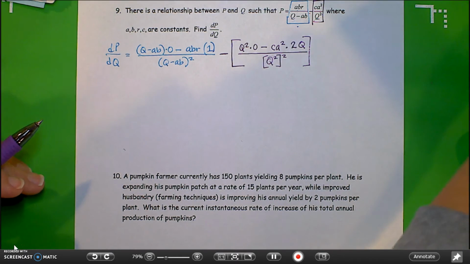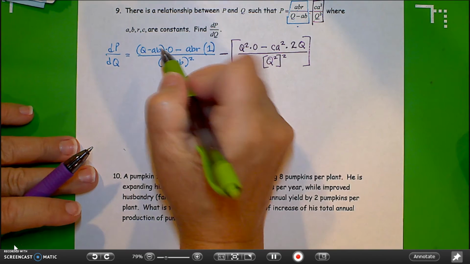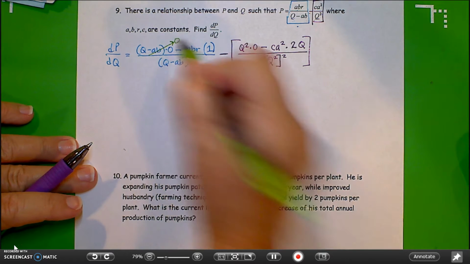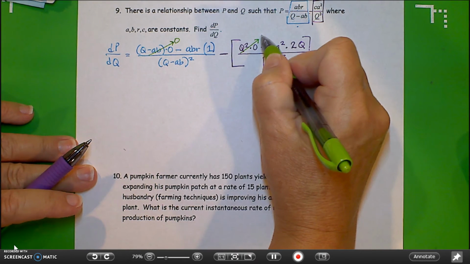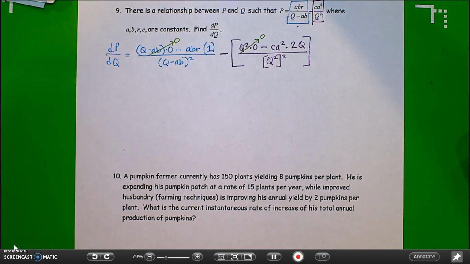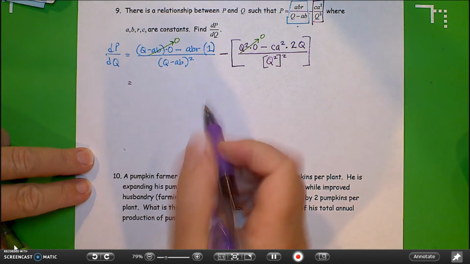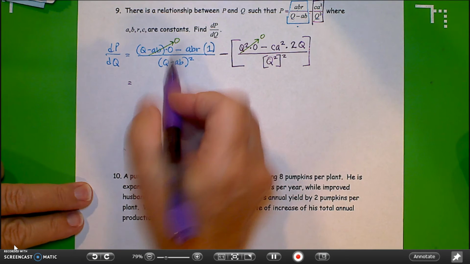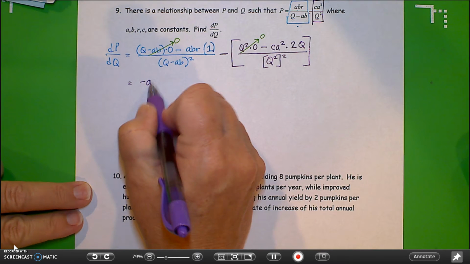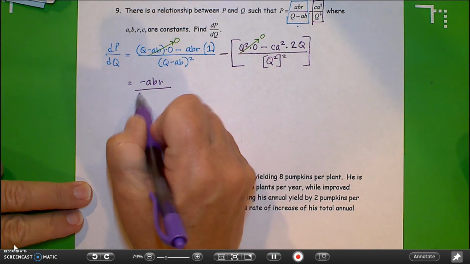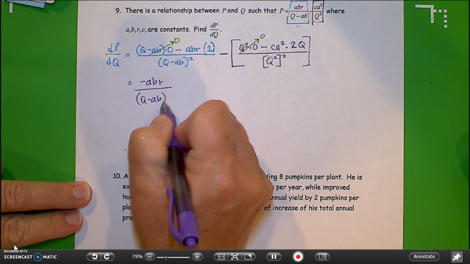The first thing that I know I can get rid of is this term times 0, which makes that piece 0, so it's already simpler. So the numerator here is now just minus ABR. Denominator stays the same, q minus AB squared.